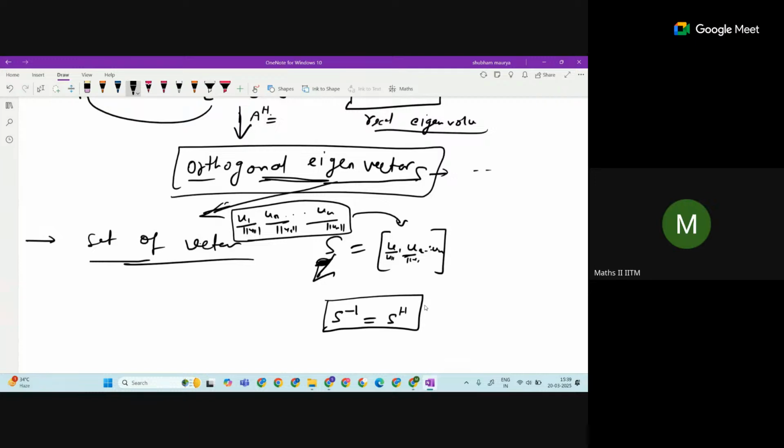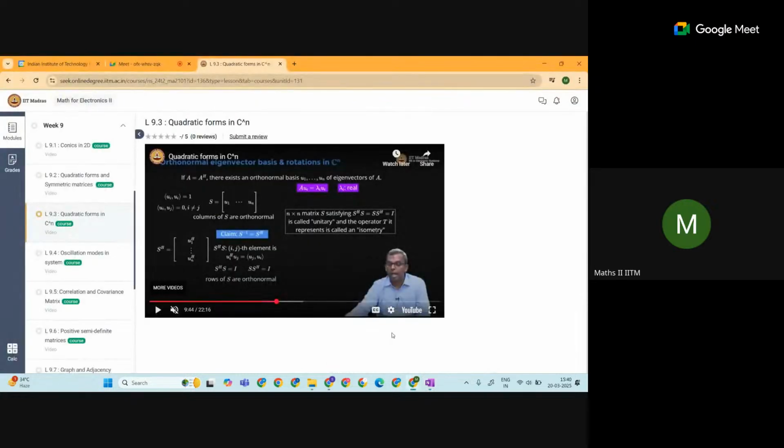That's all. This is a property of orthogonal matrices. So the professor is talking about some type of matrices where the inverse is going to be nothing but the Hermitian of that.